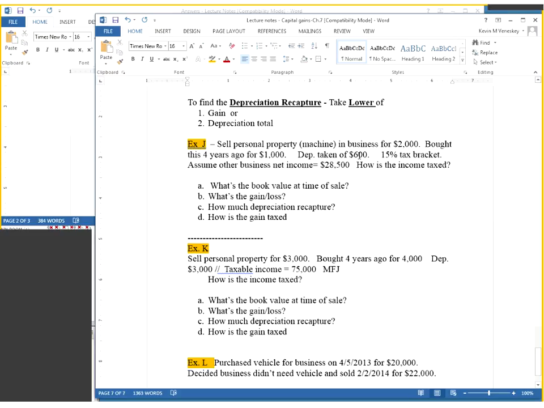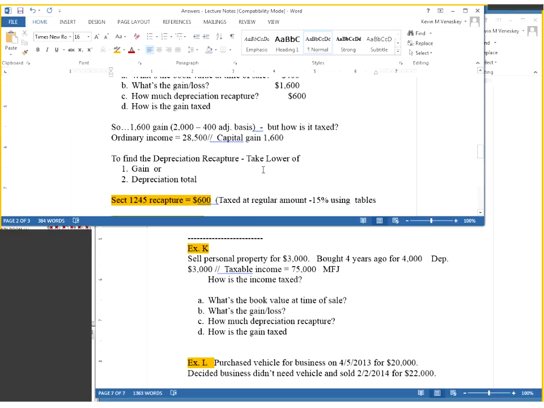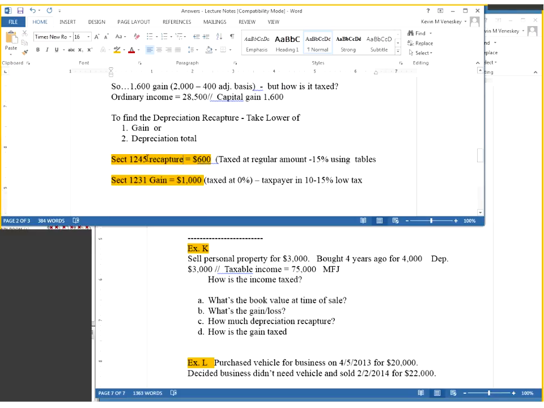Of course, the lower is the depreciation total. So $600 of the gain is taxed at 15%. The remaining $1,000 of the gain is taxed at 0. So $600 is taxed at your regular rates, and $1,000 is taxed at 0.